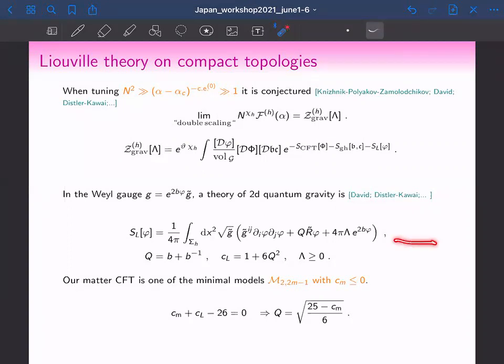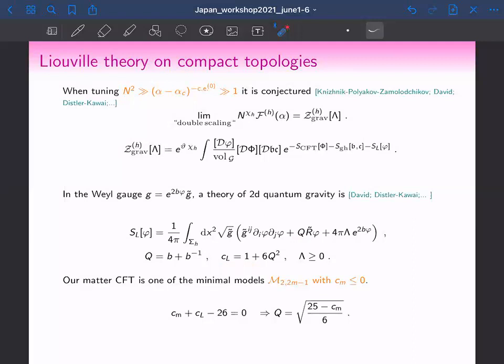We can write the action in terms of this Liouville action, where R tilde is the Ricci scalar of this fiducial metric g tilde. Lambda is the cosmological constant, which is positive for us still. And this parameter Q is related to this b in the following way. Most importantly, Liouville theory is also a two-dimensional CFT, and it has central charge c_Liouville, which is connected to this parameter Q as 1 + 6Q squared.